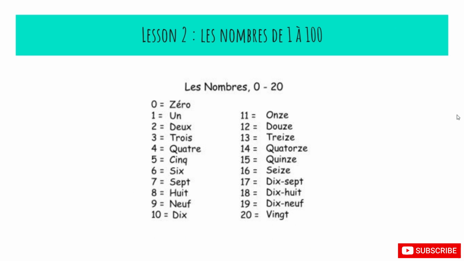So les nombres 0 à 20. We'll start with 0. The next one, 1, 2, 3, 4, 5, 6, and it's 6 and not 6. 7, 8, 9, 10.